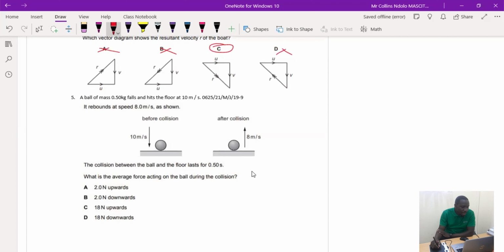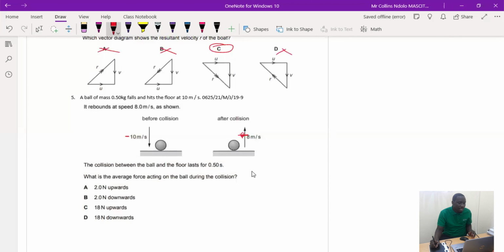So remember, you can decide. If I take before collision, the body is moving downward, I decide that this is negative. That means this must be positive. Remember, I'm the one deciding. What I need to know is what negative means and what positive means.